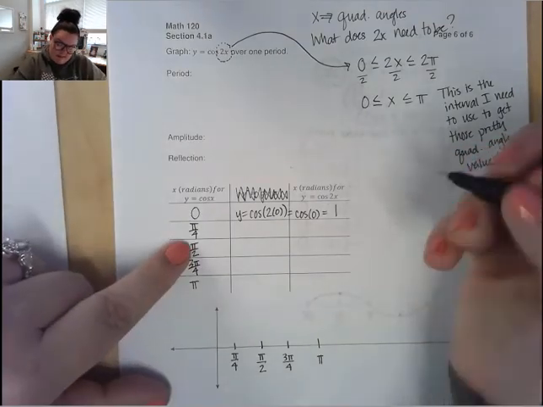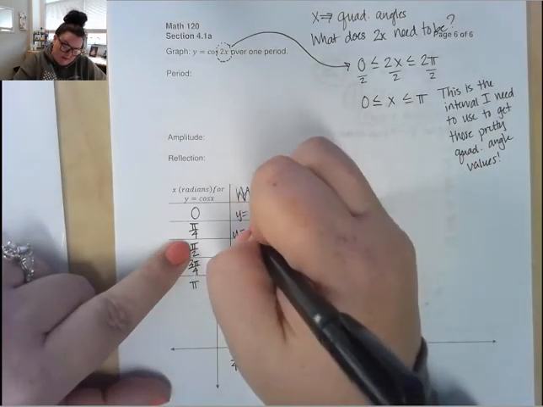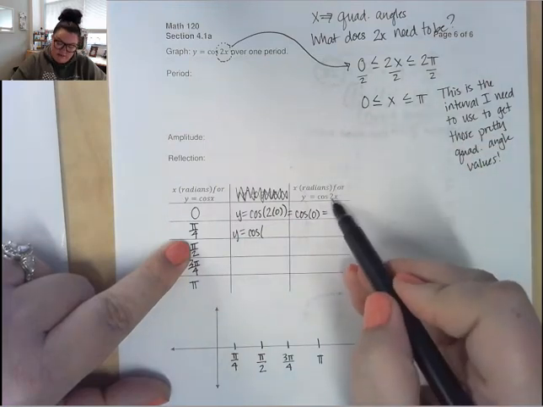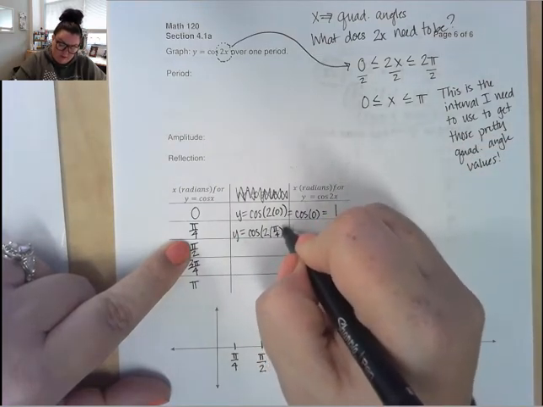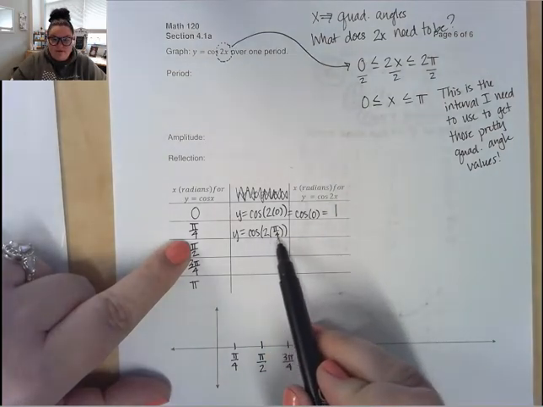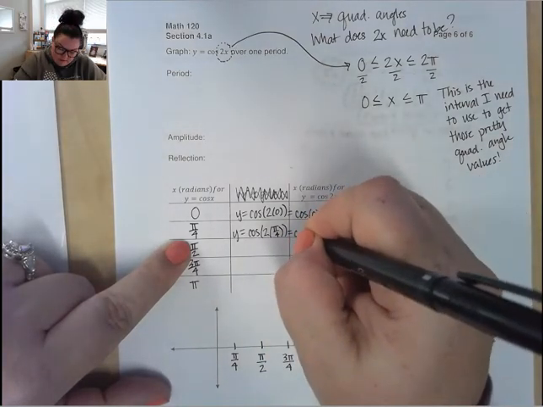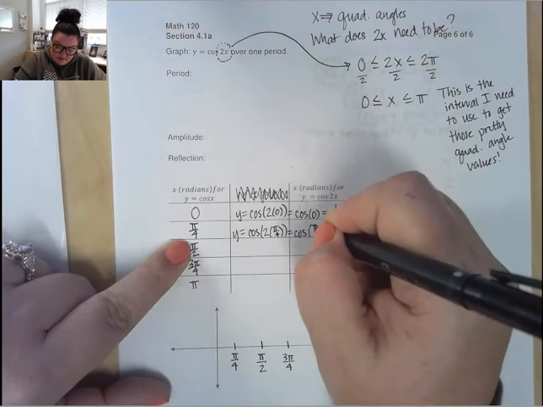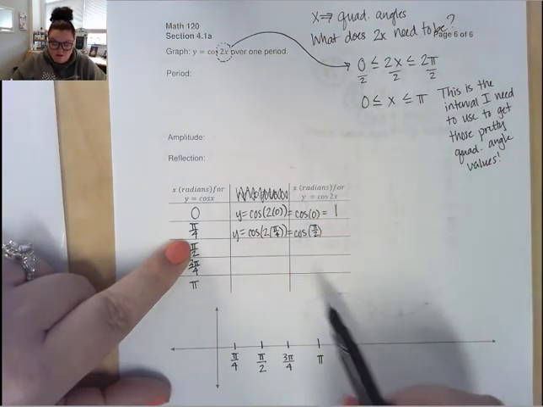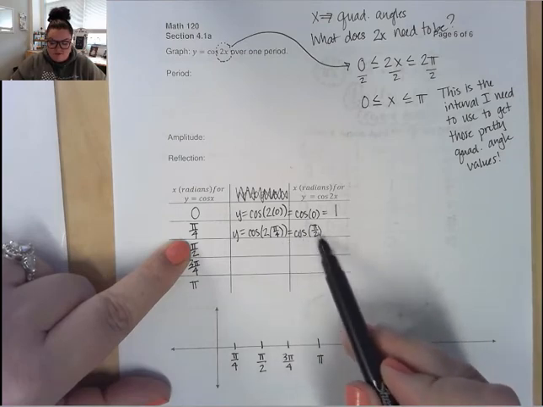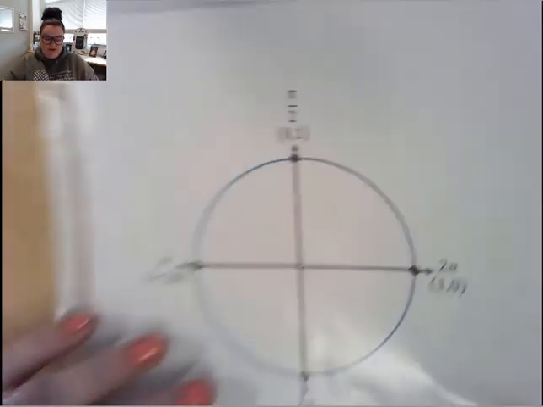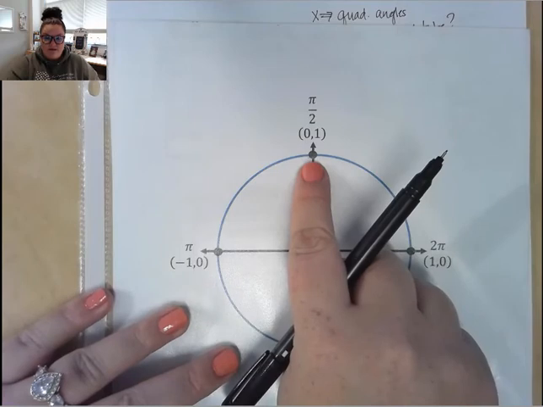And then if I do the same thing here, cosine of 2 times my input, so 2 times pi over 4. Well, if I do 2 times pi over 4, that gives me cosine of pi over 2, because my 2 and my 4 reduce. And notice cosine of pi over 2 is my next point, right?